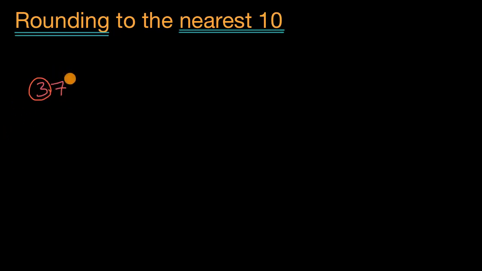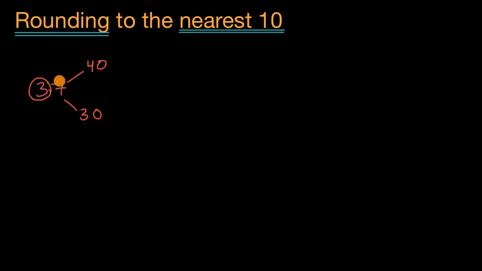It's more than 3 tens, 0 ones, or you might know that as 30, and it's going to be less than 4 tens, also known as 40. And so when you're rounding, you're either going to round to the number of tens that is right below this number, or the number of tens that is right above it.